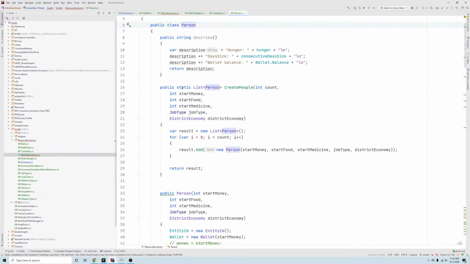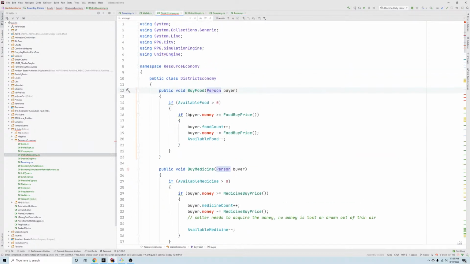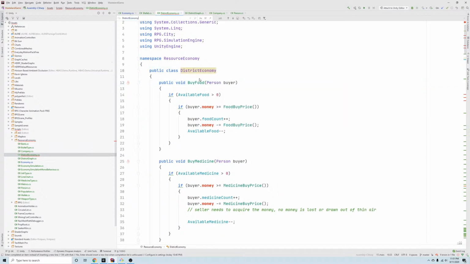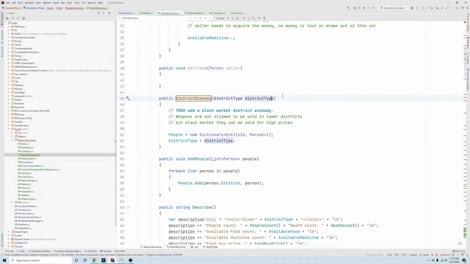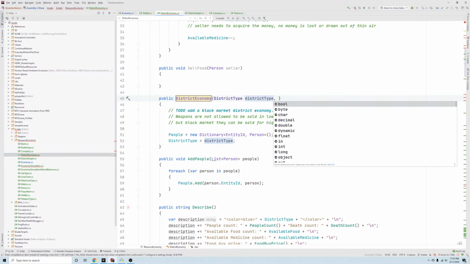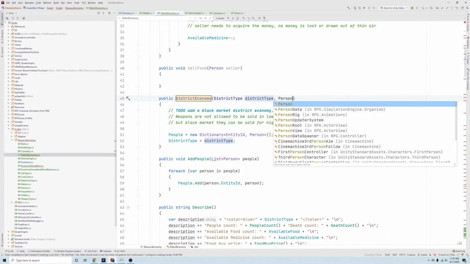So I think for this initial implementation, I'm just going to keep it simple, and when a district economy is created, it also has to have an owner, which will just be a single person for now.